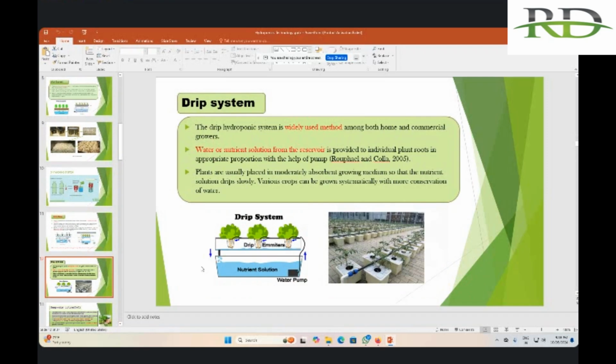Now we move on to the next system, that is the drip system. In the drip system, from the nutrient-rich solution, the plants are given water just like in any drip irrigation system.